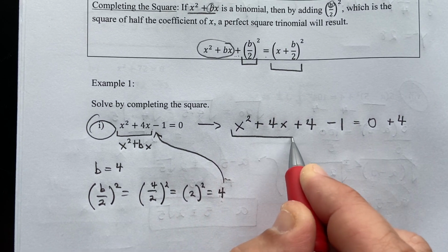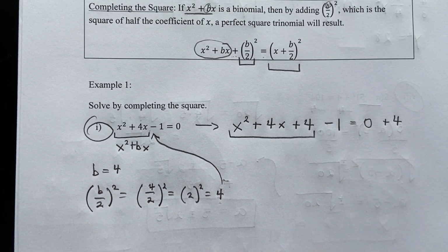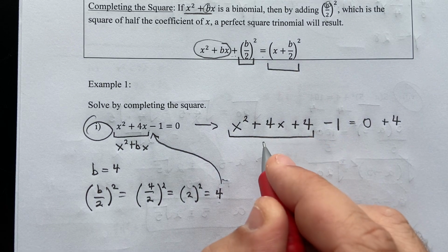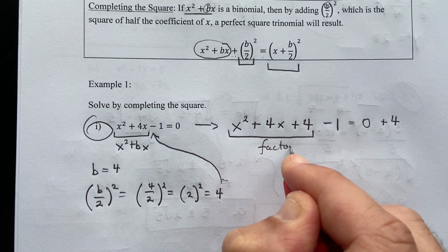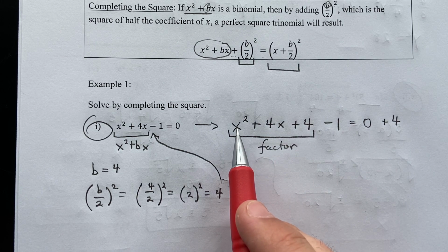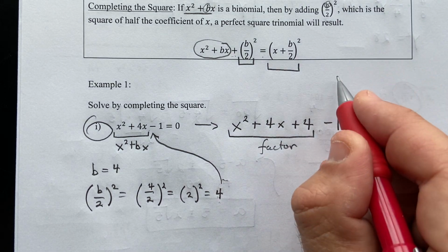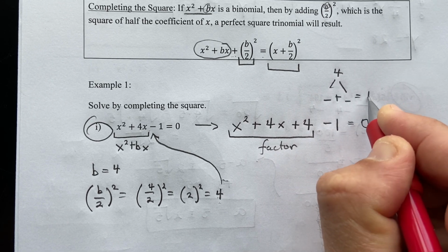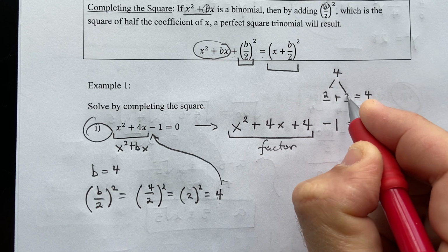So now this trinomial is a perfect square trinomial. Now it factors as something all squared. So we have a 4. a times c is 4, and then I want to actually add up to a 4 as well. 2 and 2 do this.